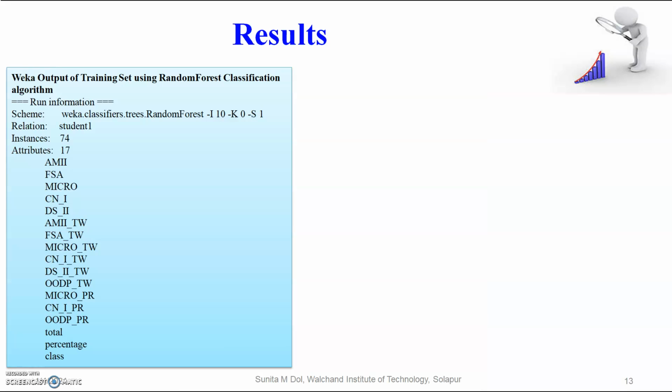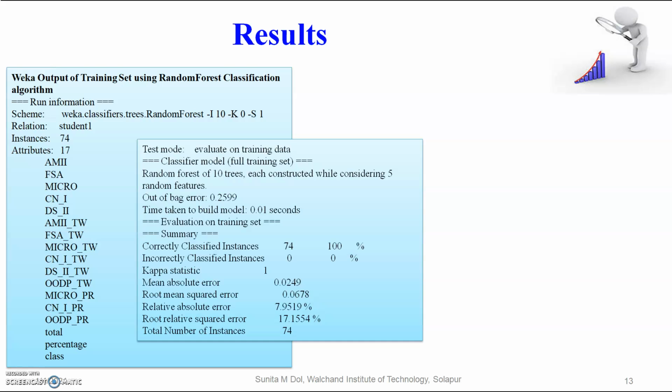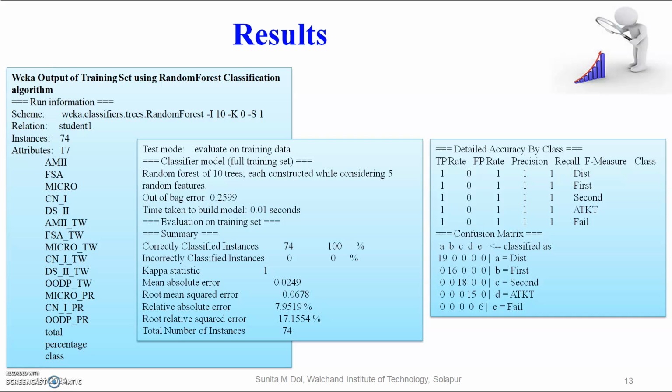First part of the WEKA output of the training set using the random forest classification algorithm is shown here. It shows the classification algorithm used, relation, number of instances and the attributes. Second part of the WEKA output is shown here. It shows correctly classified instances and incorrectly classified instances.